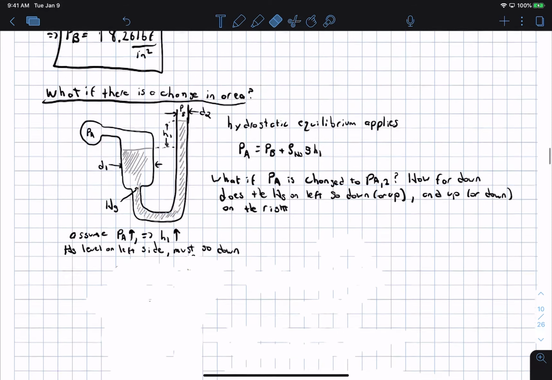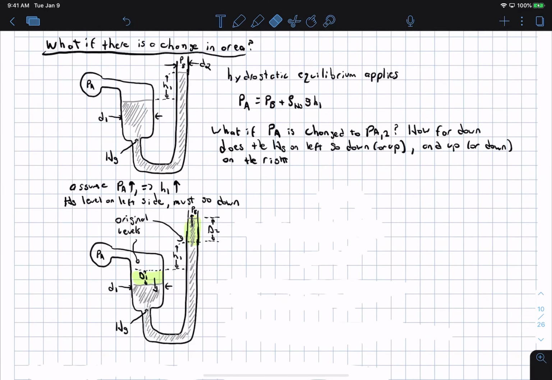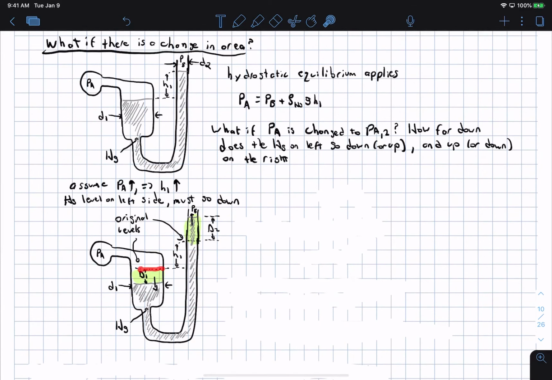So if I draw a little diagram here of that case, now these dashed lines are the original heights. Now I've taken that stable operating pressure and I've bumped the pressure up a bit. And now I'm asking what's going to happen to the mercury interface here and the mercury interface there if I bump up the pressure.